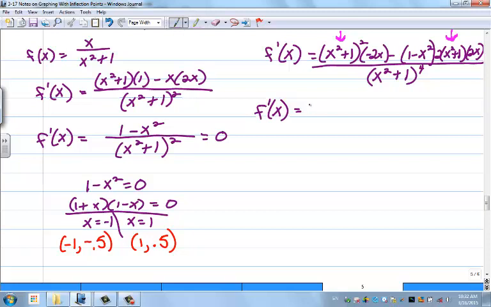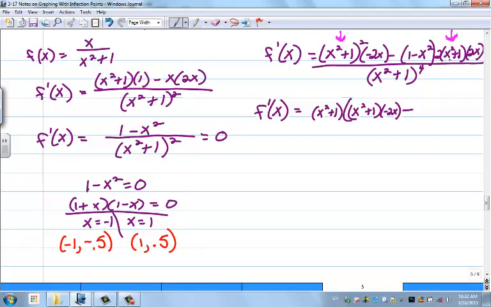So you say f double prime of x equals x squared plus 1 times, well, if I pull an x squared plus 1 off that first huge term, I'm only left with one of them. So x squared plus 1 times negative 2x. If I pull an x squared plus 1 out of that second huge term, it disappears, right?